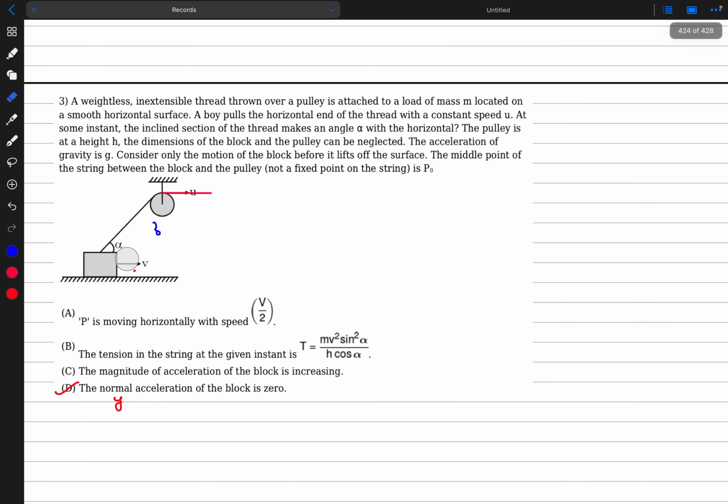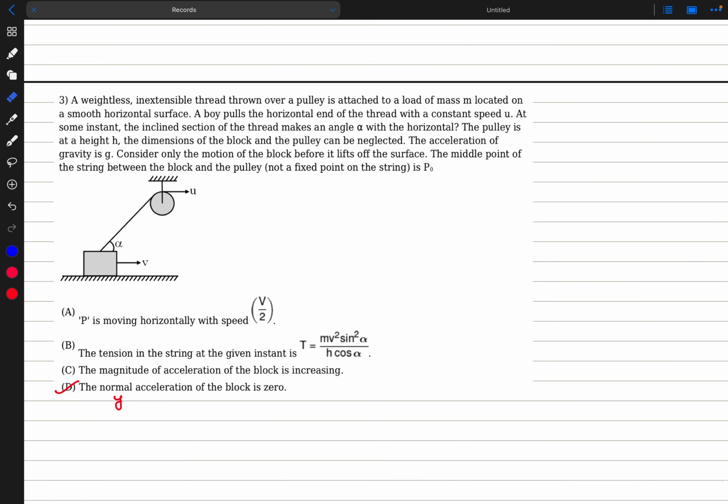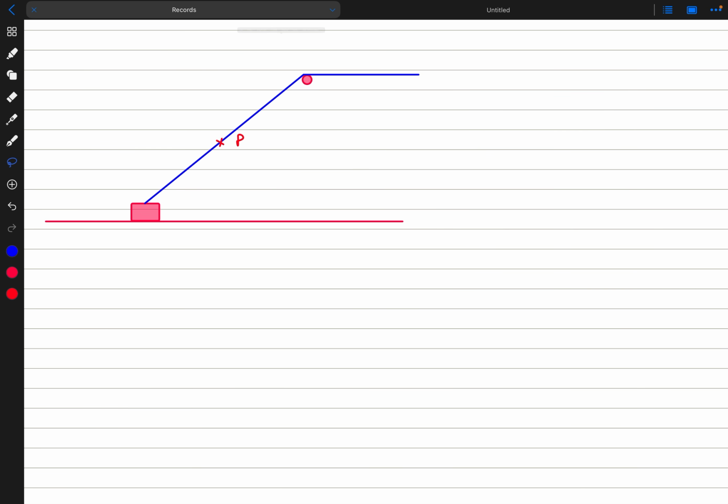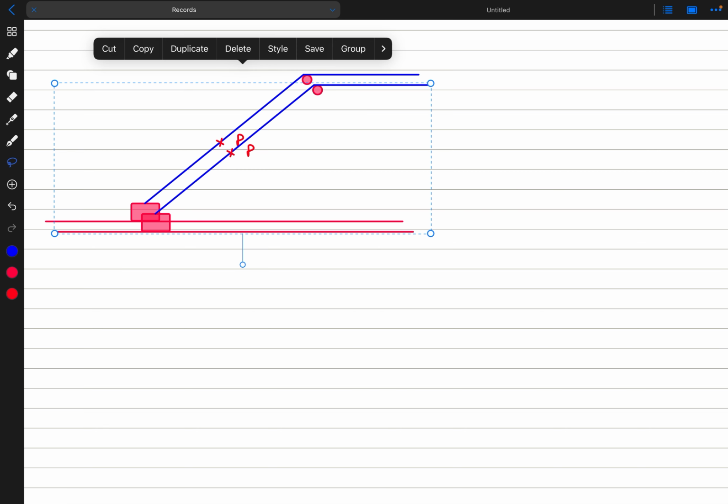But we'll start with option A, which is the speed of the point P. So basically, look at this part of the rope, find the middle point and mark it. So let's just say this is the middle point. This is going to be the point P at this instant. So let's draw a clone of this image.